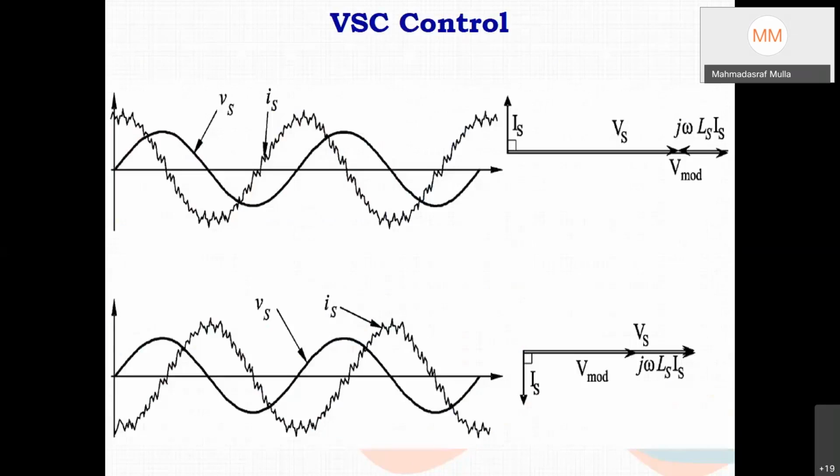For example, in the first case Vs is there.